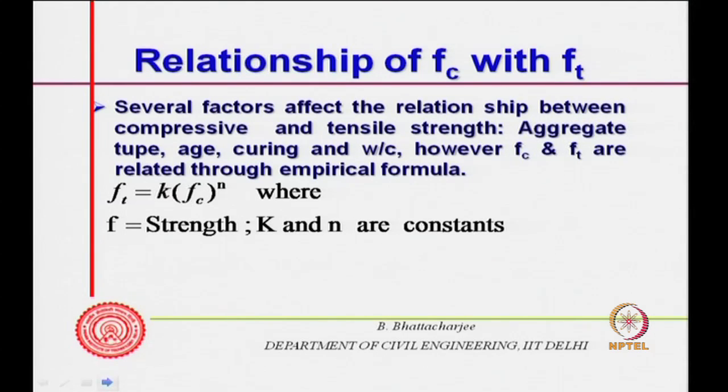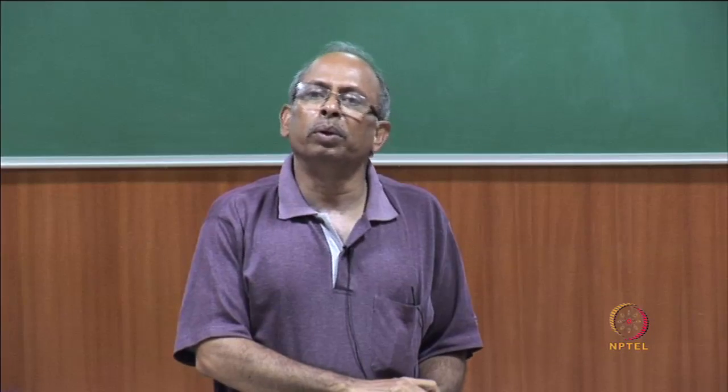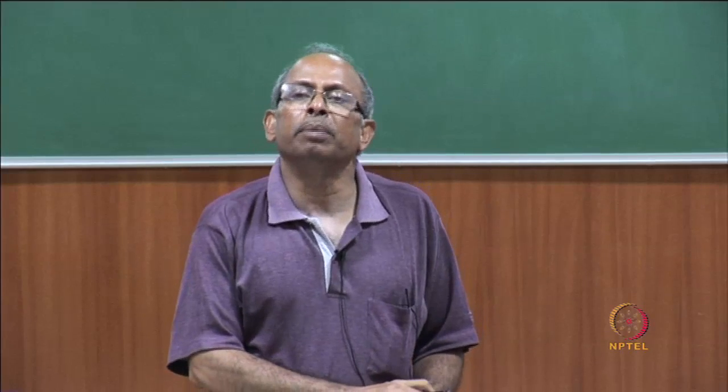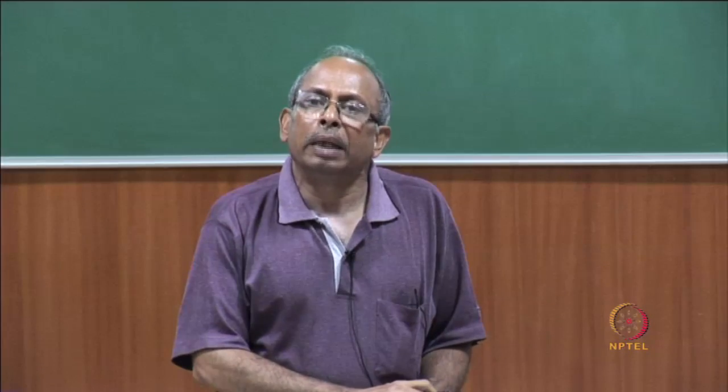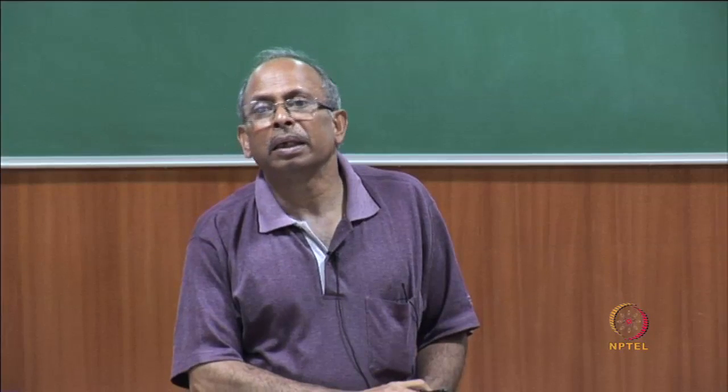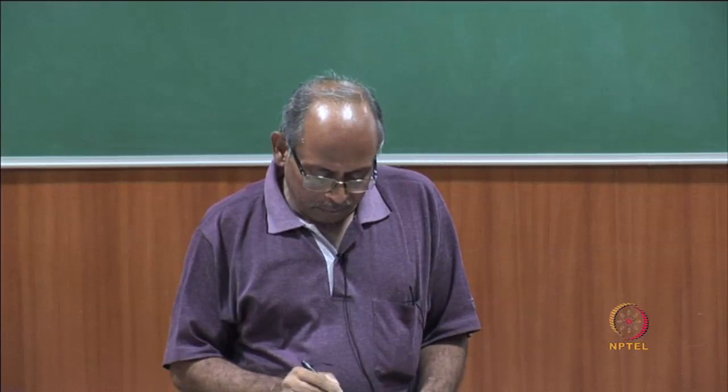For example, f_t equals k f_c to the power n, where f is strength, and k and n are constants. So, n would depend upon what type of strength you are relating, and k would also depend upon it. For example, for flexural strength, k can be different, n can be different. For the split cylinder test, k can be different, n can be different.